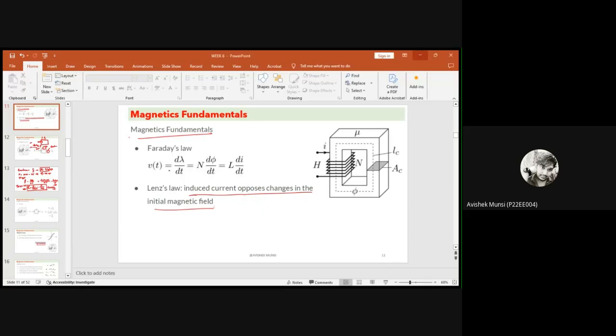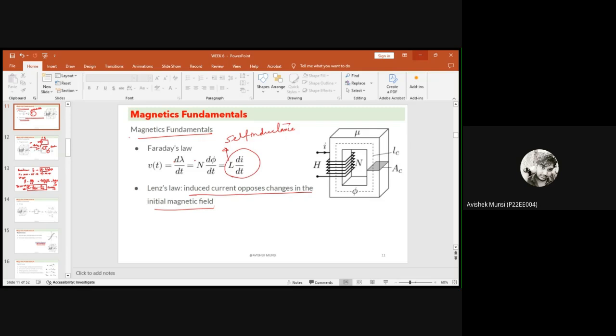So Lenz's law says that the induced current opposes changes in the initial magnetic field. Combining these two with Faraday's law, we put a negative sign, minus d phi by dt, which can be written as L di by dt, where L is the self inductance. We also have another kind of inductance, mutual inductance.